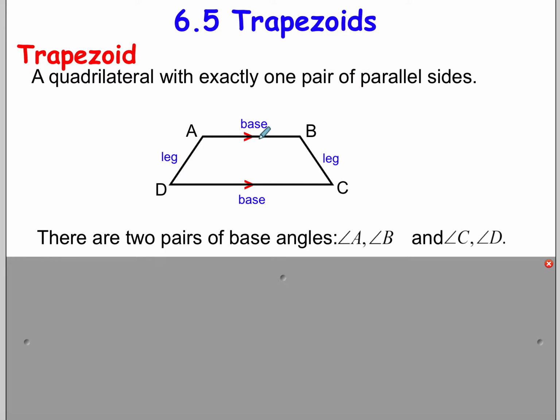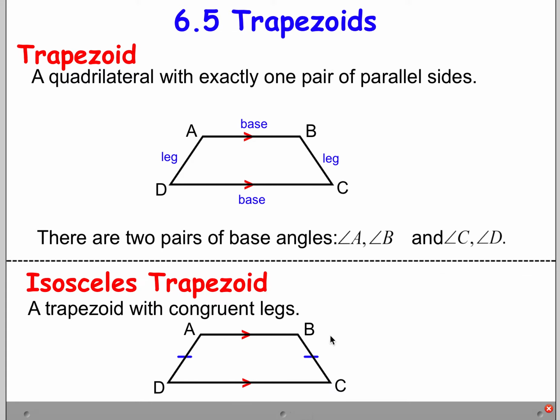There are also two pairs of base angles, angle A and angle B. That is one pair of base angles, and angle D and angle C is another pair of base angles. We refer to A and B as one set of base angles and D and C as one set of base angles. An isosceles trapezoid is a trapezoid with congruent legs.